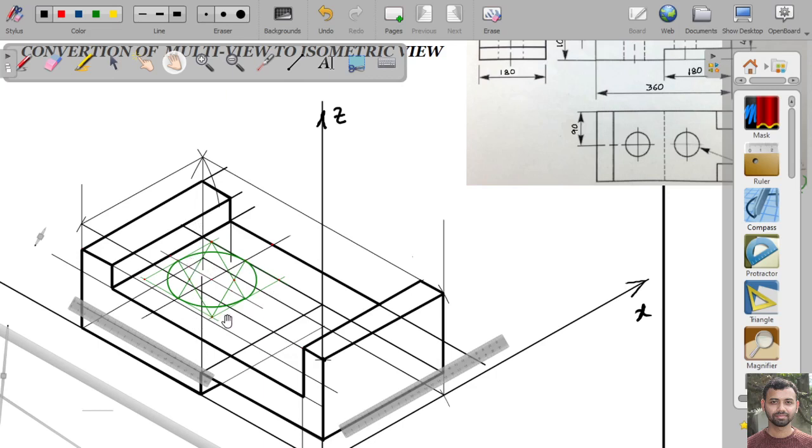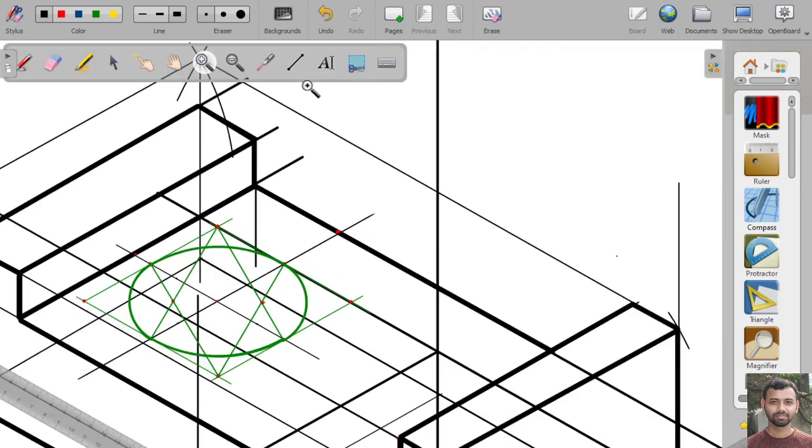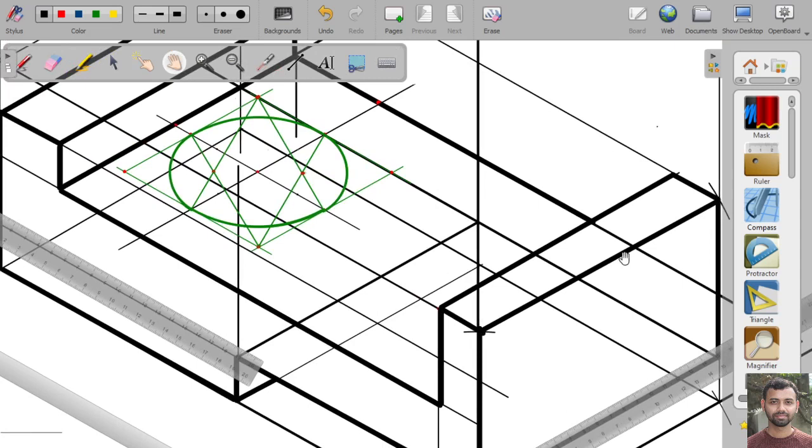Here again we have to measure from this surface. From this surface means we can draw this surface over here, so it will be like this.